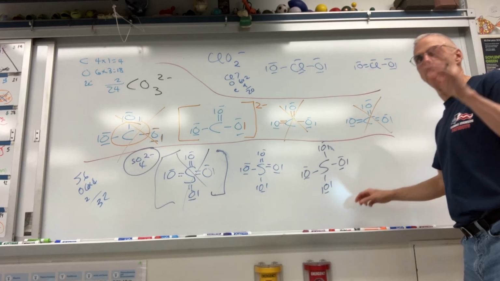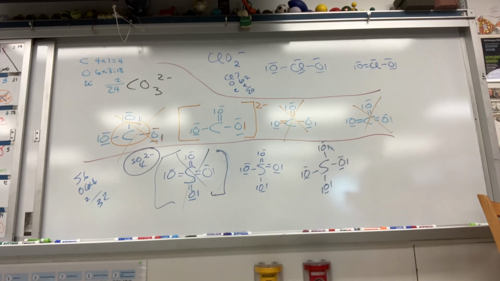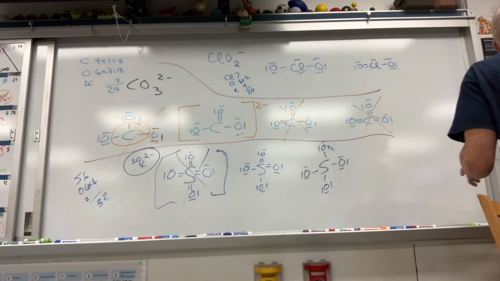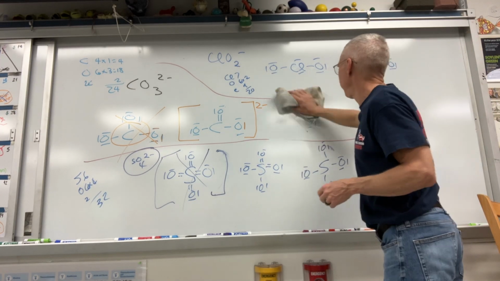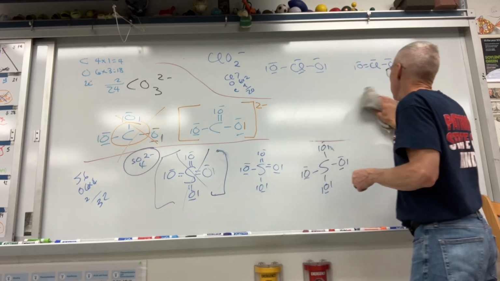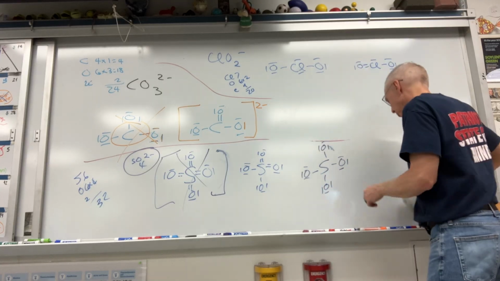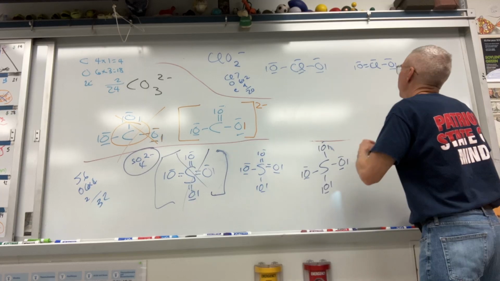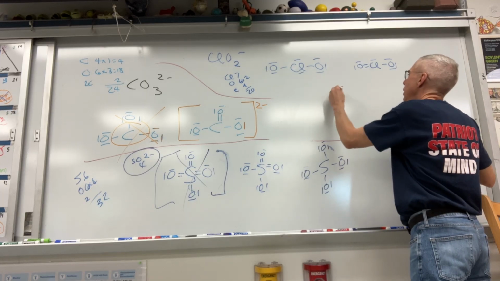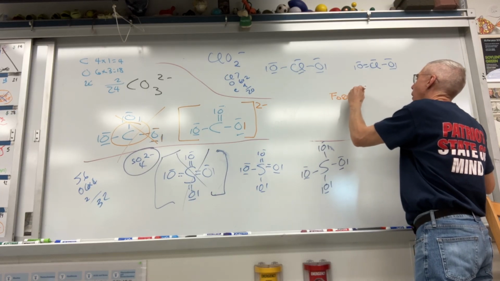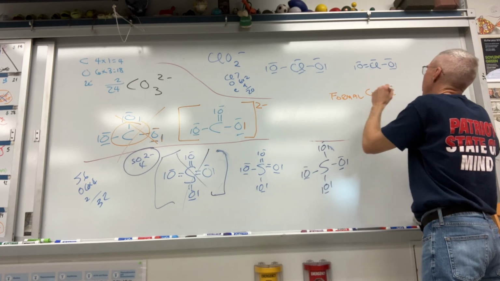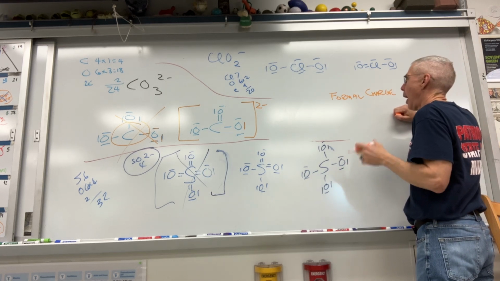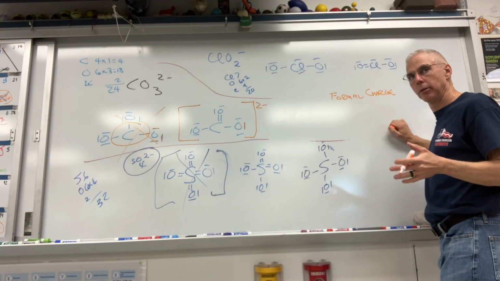Now, next concept. It's called formal charge. I'm going to erase part of this. If you have the video, you can rewind. All right? Now, it's called formal charge, and it's how we check if stuff is good or not. And what it means is, does an atom have the right number of electrons?